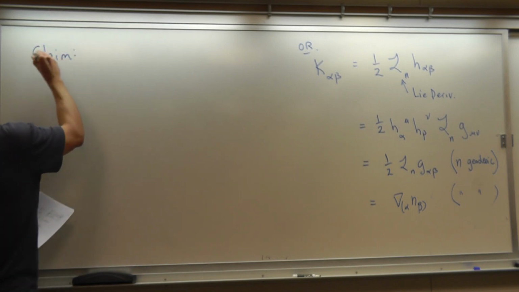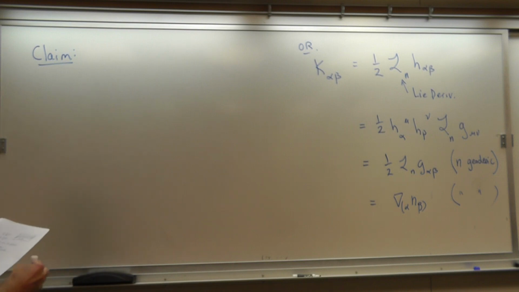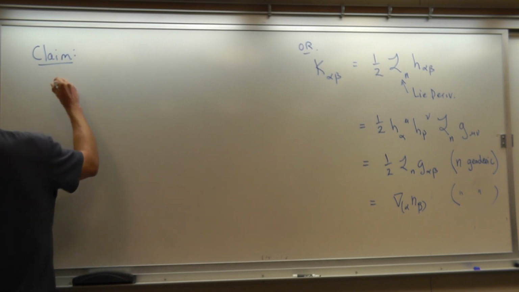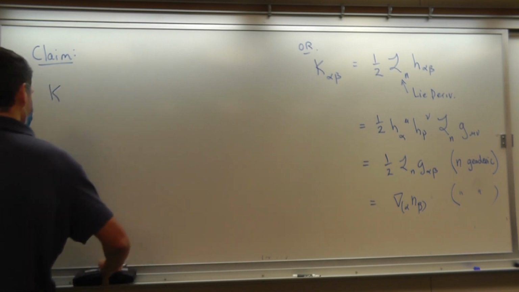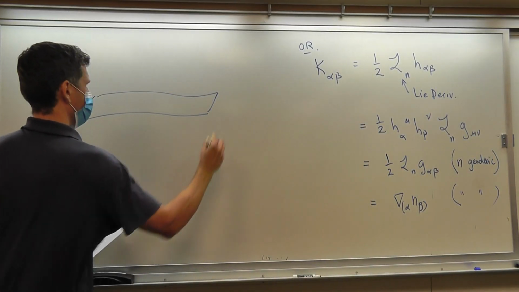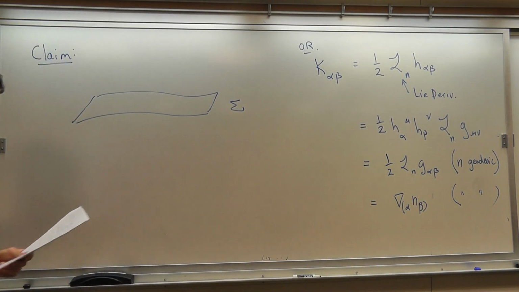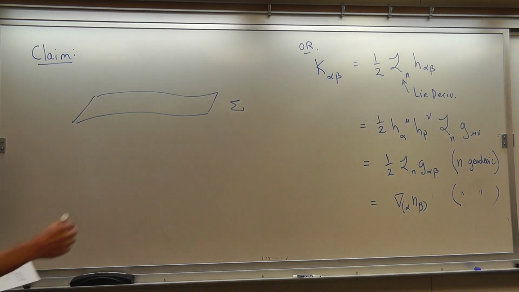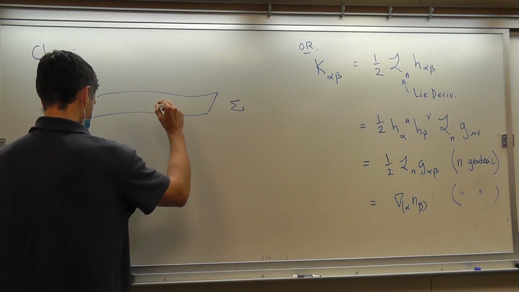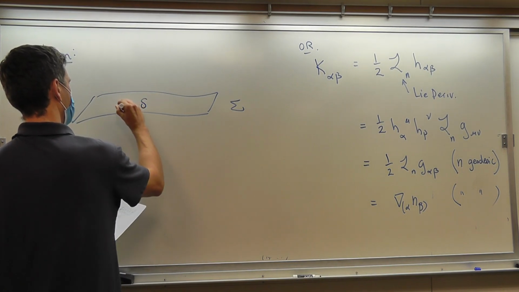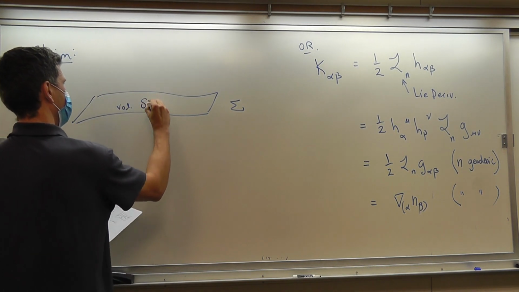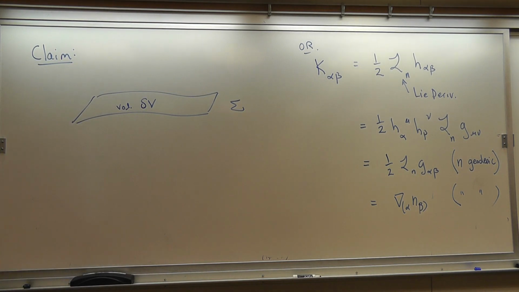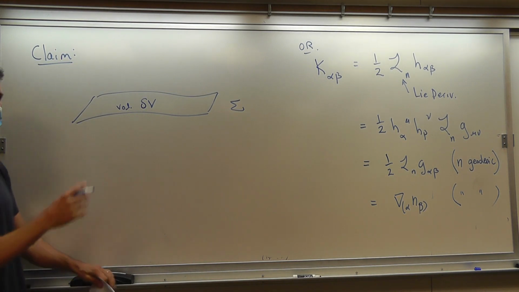Okay, now I want to prove an identity that's important for interpreting this extrinsic curvature. Well, let me draw a picture first. So this is our submanifold Σ, and let's say it has volume δV, and then we're going to evolve this in time.